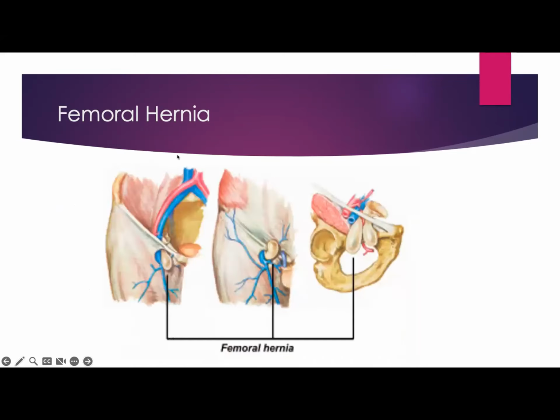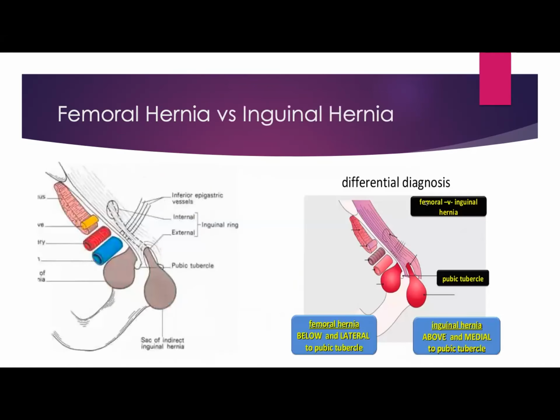And this is another repeated picture. So this is a differentiation between the indirect and the femoral hernias. Over here we have the inguinal ligament, and along with that we have the inguinal canal. Then we have a hernial sac which is running through the inguinal canal.